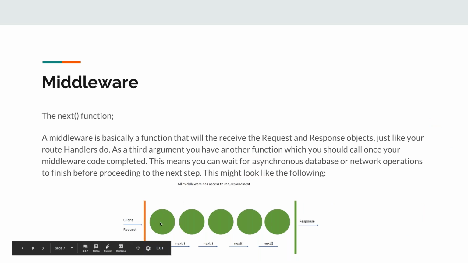The request comes in, the first middleware processes it, and when it's done, the next method is called, so it moves to the next one. Same thing happens there. It does the process, it calls next, moves to the next one. By the time it gets to the last one, it expects that this last one would actually provide a response. If this doesn't provide a response, the entire request response lifecycle is now stuck.